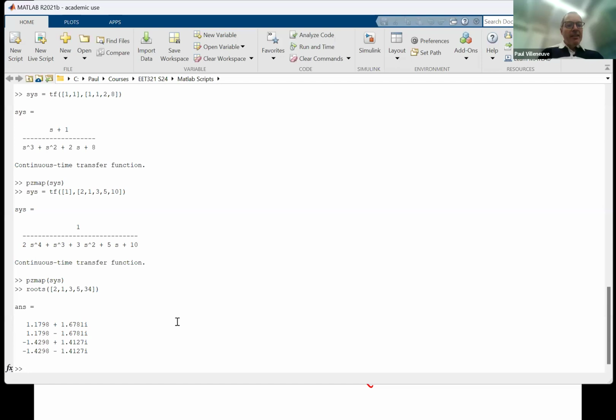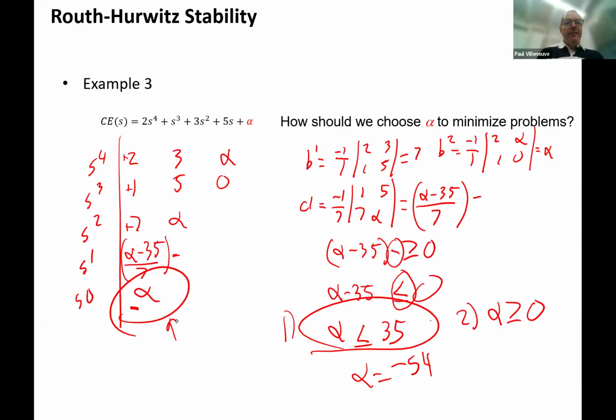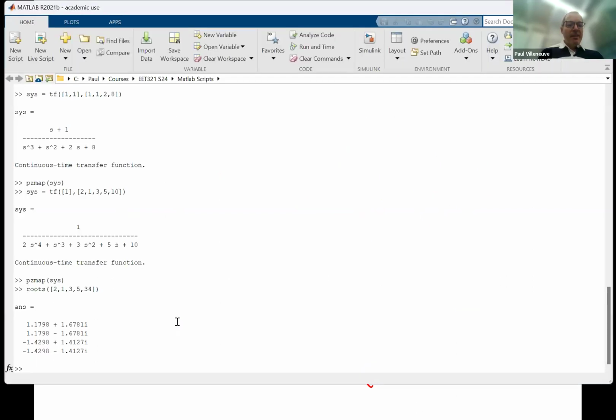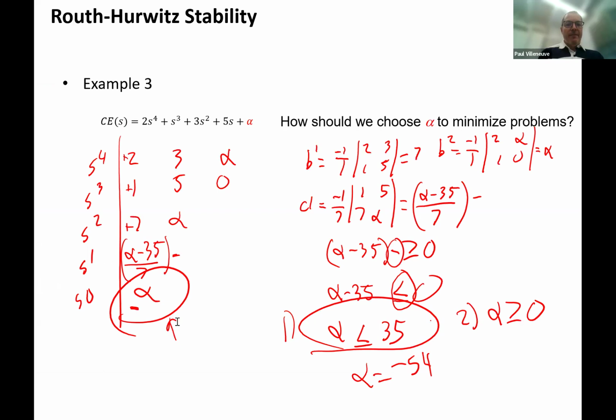Why am I getting a positive, even though, did I make a mistake here? I don't think so, but it's giving me a positive number. Alpha minus 35, so 34, -1/7.